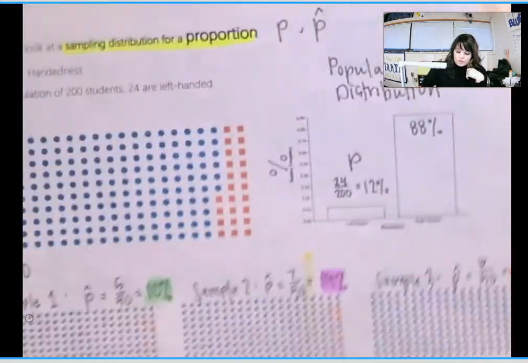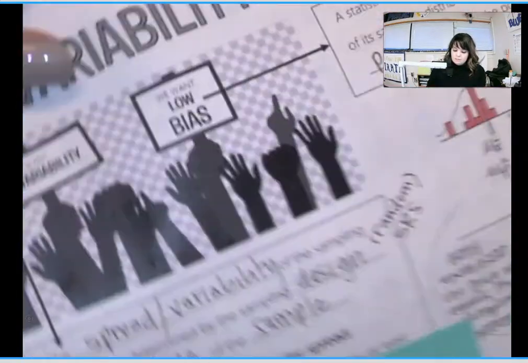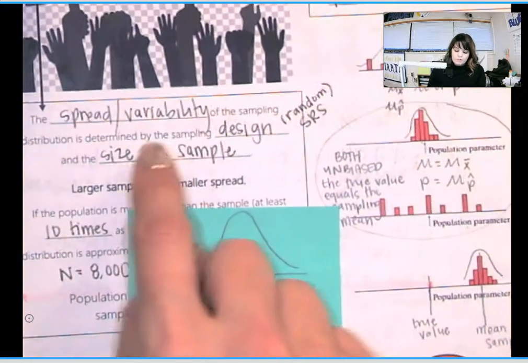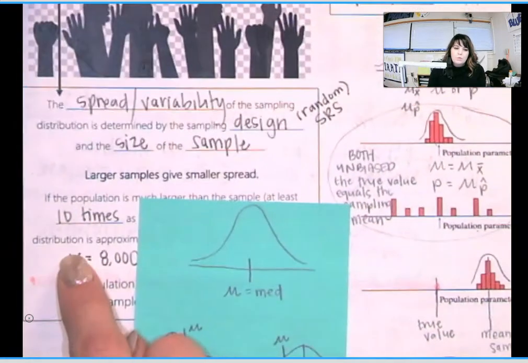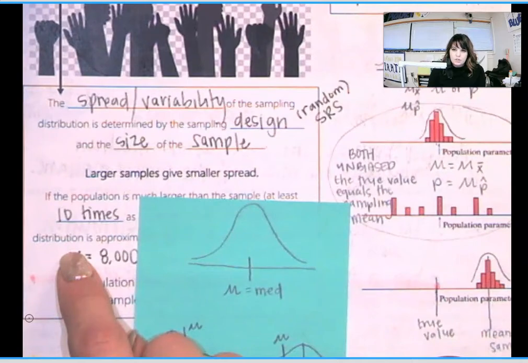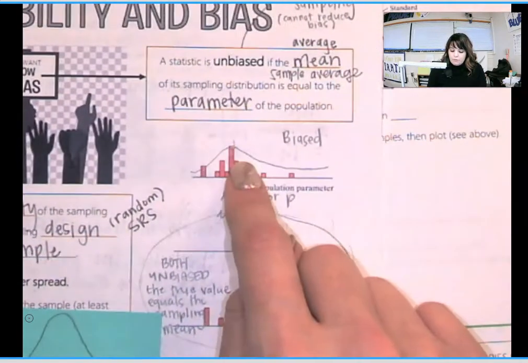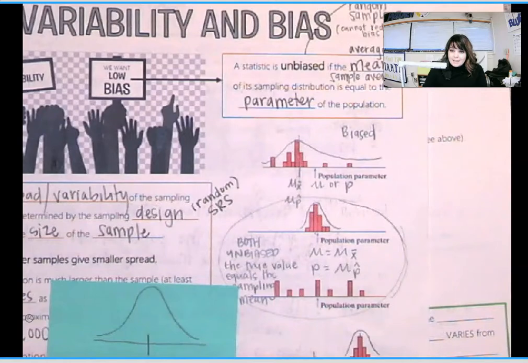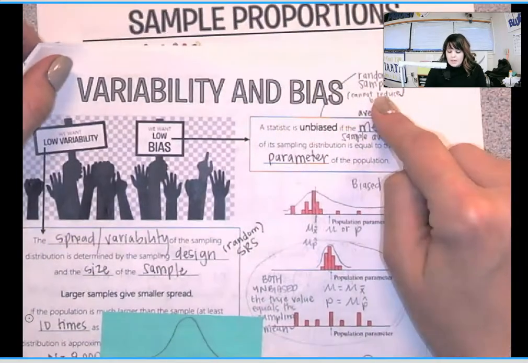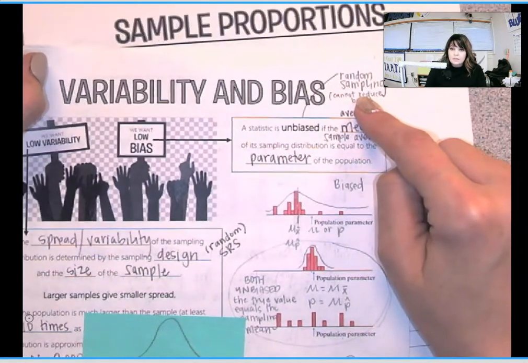So also we have on this side, if we want the lowest variability, we want to make sure our design is good. We want to make sure our sample size is large enough. And if we want an estimate that is not biased, we want to make sure that we are sampling randomly.